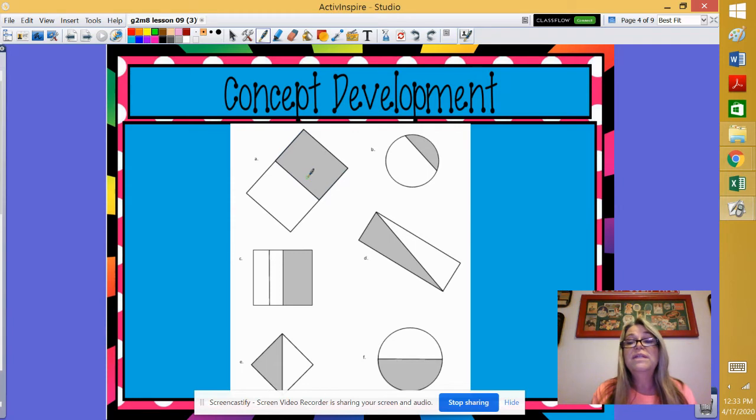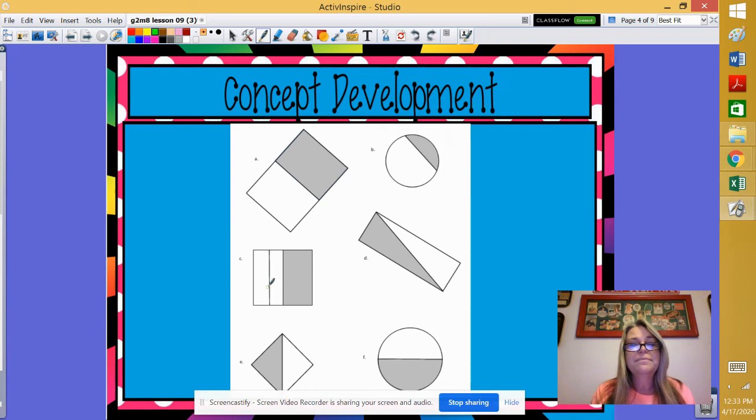So this would indeed be partitioned into halves. Look at B. You have a shaded part and a non-shaded part. Is the shaded part the same size as the non-shaded part? No. So is the circle on B partitioned into halves? No. These two parts are not equal.